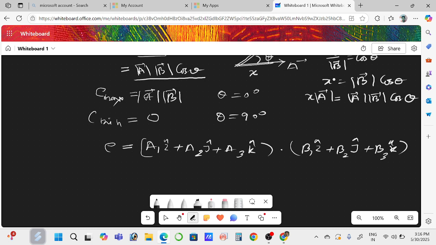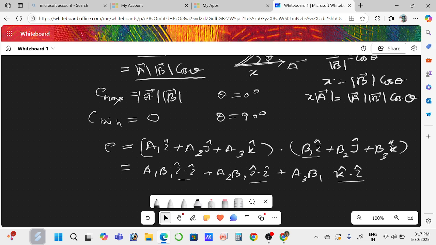Now if you take the dot product of it, I just take the first term here, so it will become A1 B1 i dot i. Next is A2 B1 j dot i. Third is A3 B1, and this is k dot i. Similarly, we will get the six other terms. So the total number of terms is 9, because 3 cross 3 is 9. Now I just concentrate on these three terms.